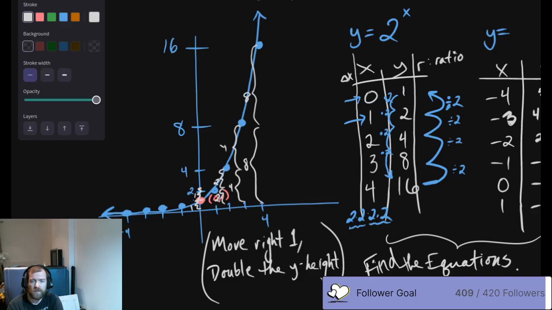Move right 1, double the y height. What are we measuring from, though? What do I mean by height? Well, we're measuring from the x-axis. And so when we measure from the x-axis, we're always doubling that height every single time we move right one space.